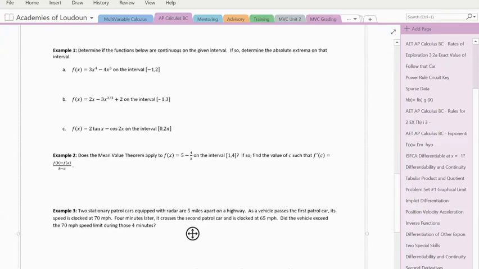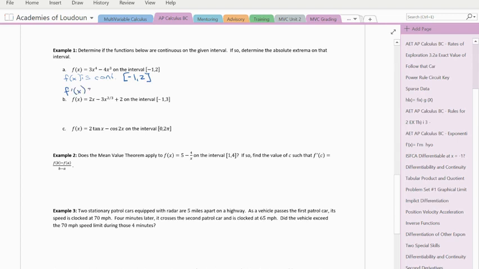Okay, so we need to determine if the functions below are continuous on the given interval. If so, determine the absolute extrema on that interval. So for 1a, because this is a polynomial, we know that f of x is continuous on the interval negative 1 to 2. So to determine the absolute extrema, find our derivative.